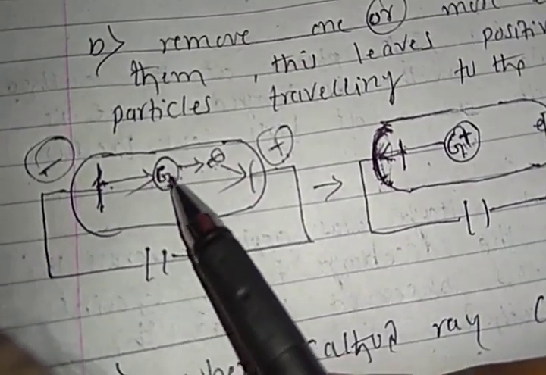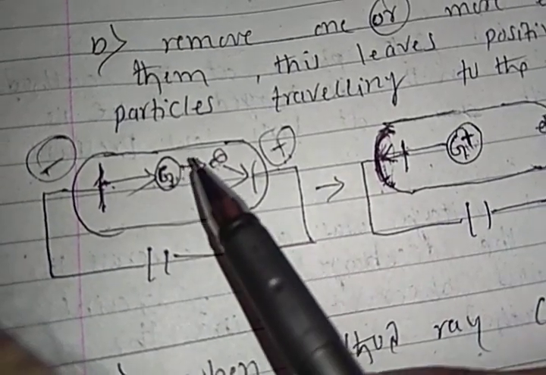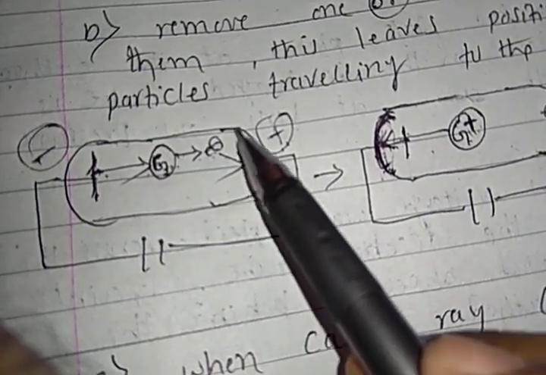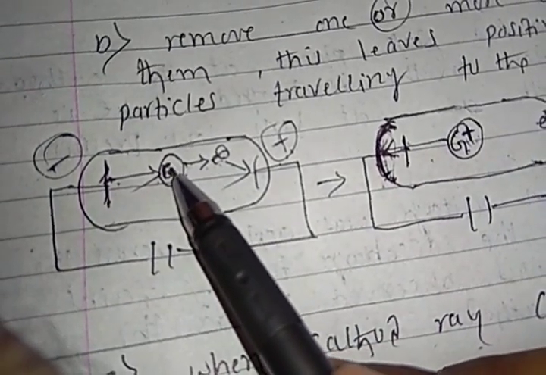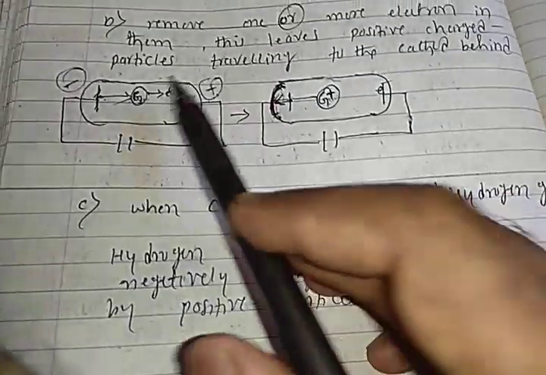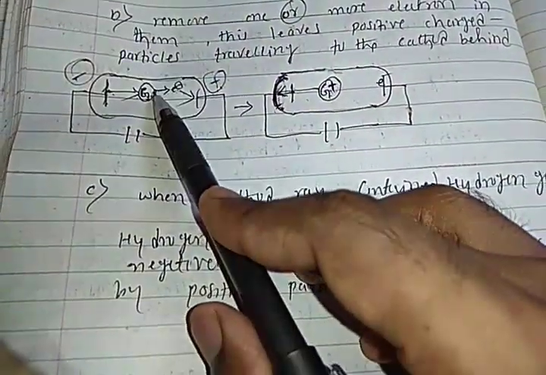When the total positive charge equals the total negative charge, only then is it neutral. When hydrogen loses one electron, some positive charge particles are left, which are attracted to the cathode or negative plate. So some positive charge also exists in the atom, which we consider as protons.